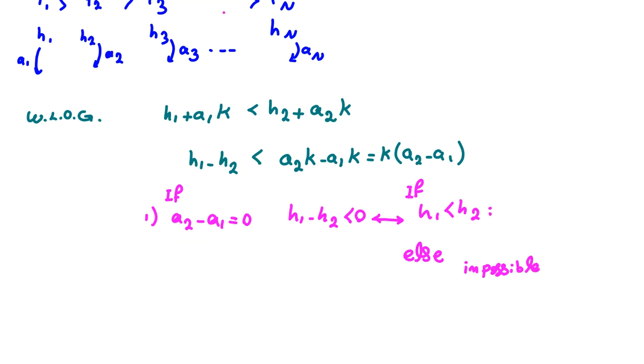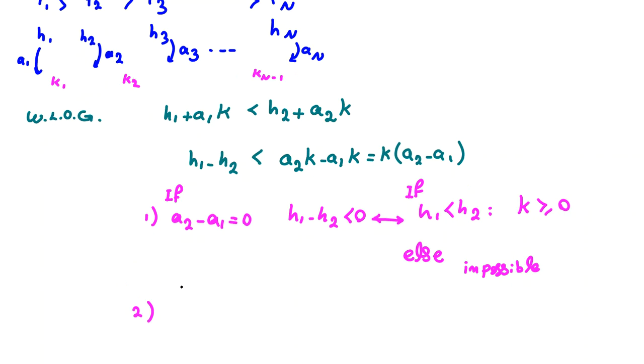But if H1 is less than H2, for each of them we will explain K. For example, K should be at least 0, our condition here. So for this one, for example, you can define K1. For this one, K2 to Kn minus 1. So this K will be at least 0.